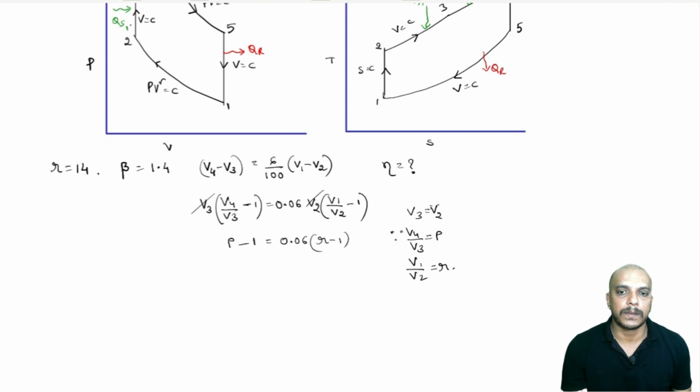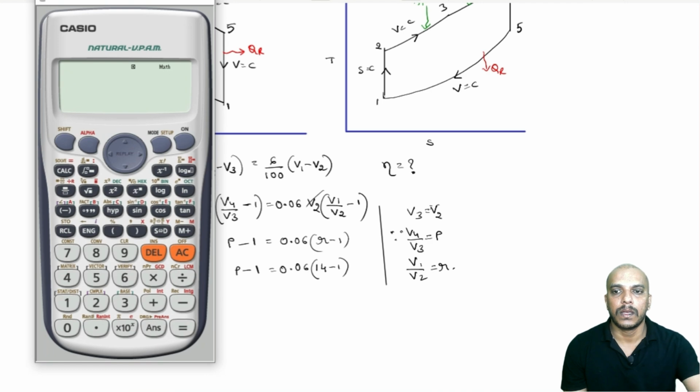So, we know this is 0.06, and R is known to us, that is 14 minus 1. This will be rho minus 1. Now, let us solve this equation: x minus 1 equals 0.06 into 14 minus 1.